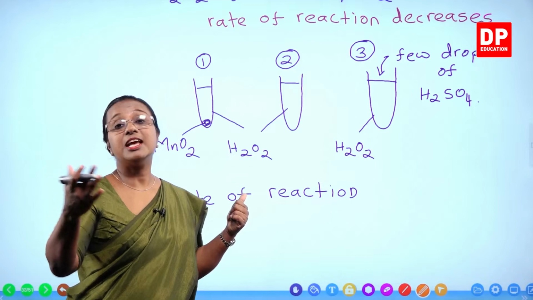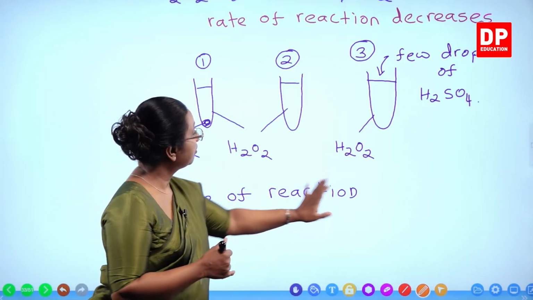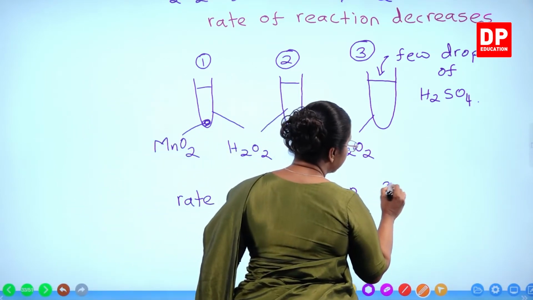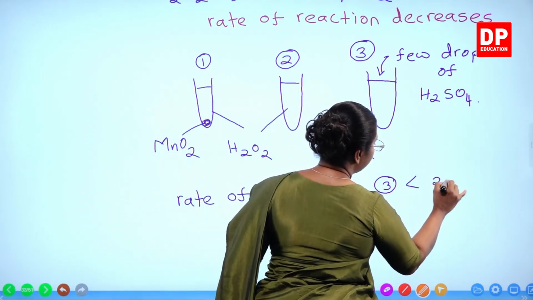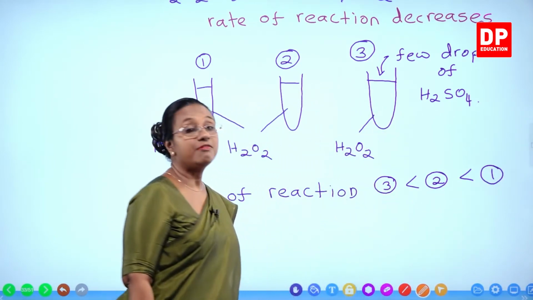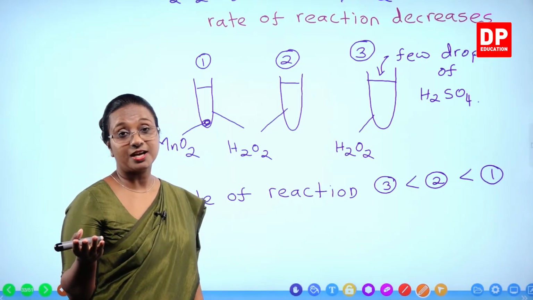So there, the rate of reaction will be faster. If you arrange them in order of rate of reaction, 3 will be the slowest, then 2 will be a little bit faster, and 1 will have the fastest rate of fizzing, or the fastest rate of reaction.